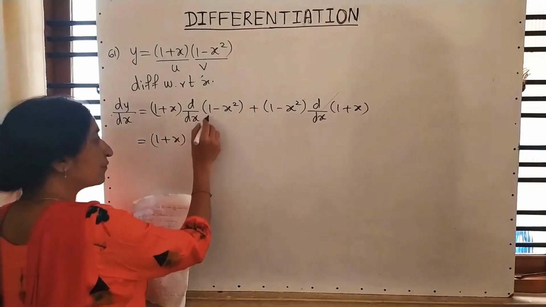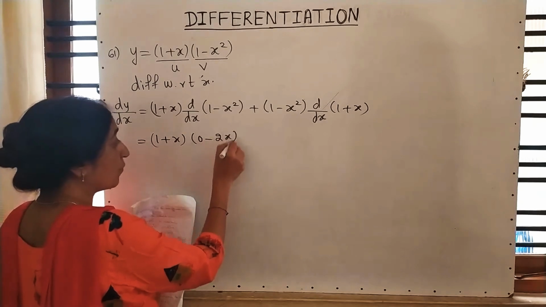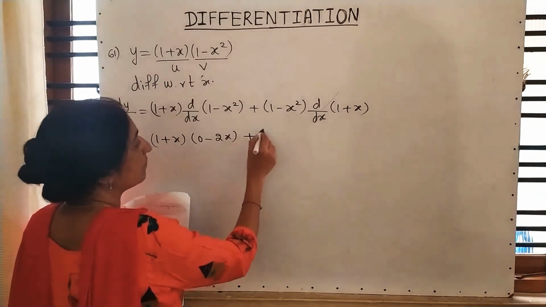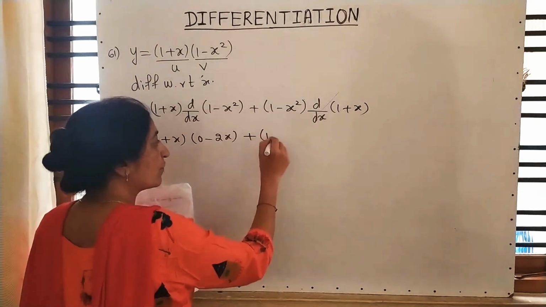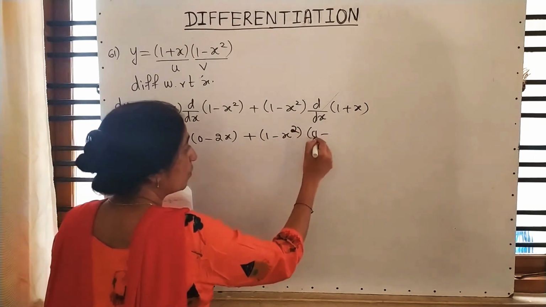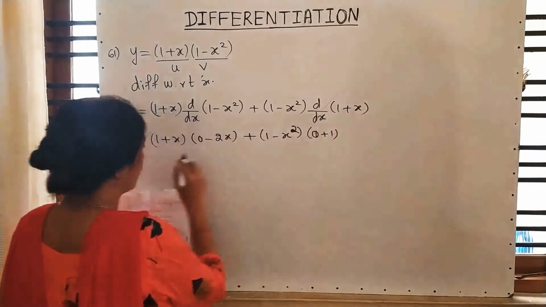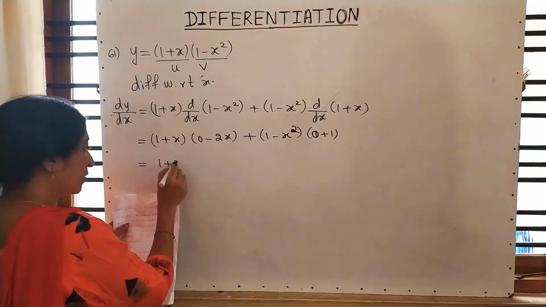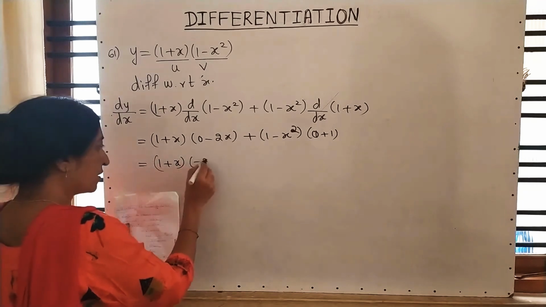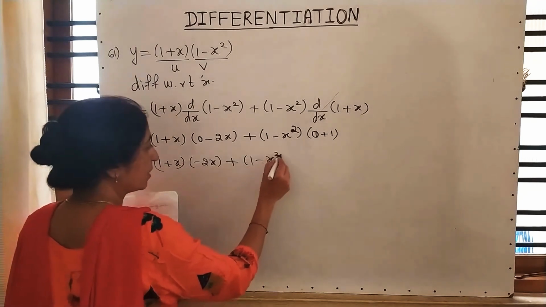And what about this differentiation of 1 is 0 and this is 2x, because of middle minus I wrote minus 2x. And this is before differentiation, so keep as it is. Again 0 plus 1, differentiation of 1 is 0, differentiation of x is 1. So it is 1 plus x into minus 2x, and this is only 1 minus x square.